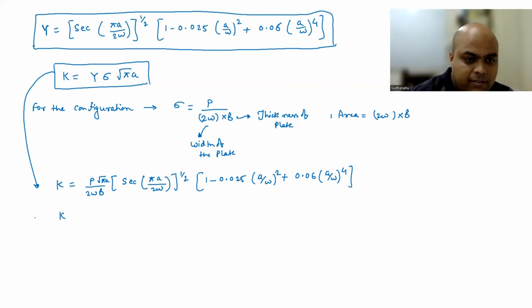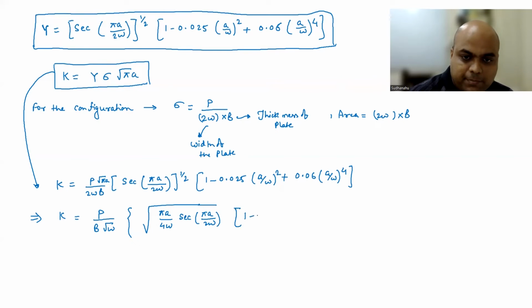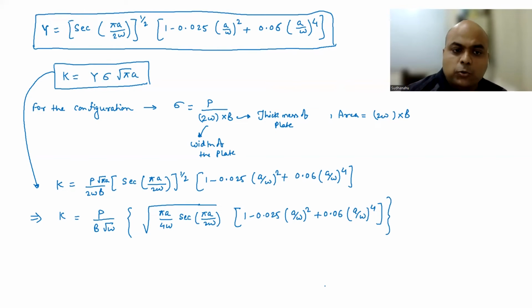Or we can write this as P by B root W, root over pi A by 4W, sec pi A by 2W, and then this whole expression. The 2 and pi A I just moved inside.